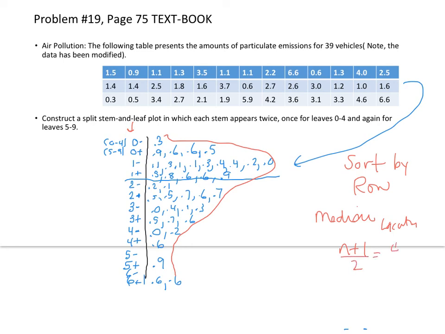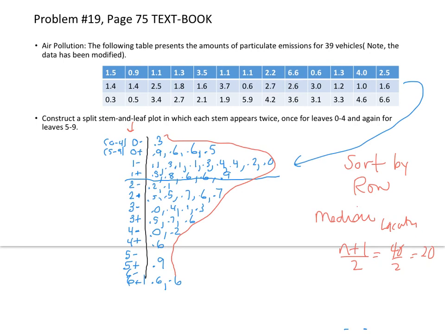In this case, it would have been 40 over 2. So if our data was sorted, we would find it at observation 20.